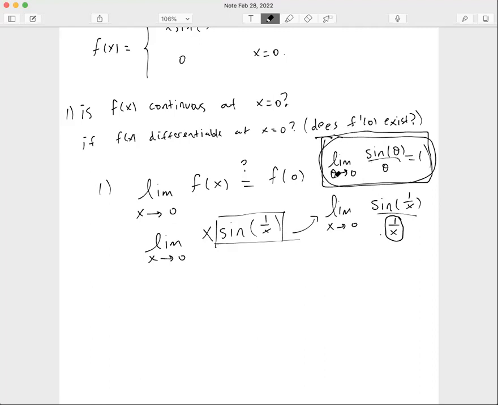So this is not exactly the same as this formula, right? In this formula, we have the limit approaching 0, but the angles don't approach 0. The angles are approaching infinity, and the two infinities want to cancel out. We can't take the 1 over x outside of sine. So as x goes to 0, do you agree that 1 over x approaches infinity? Does that make sense?